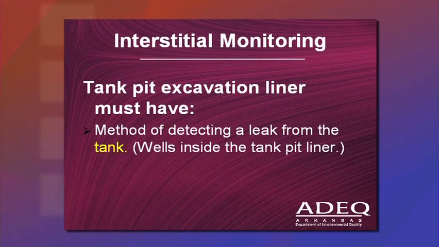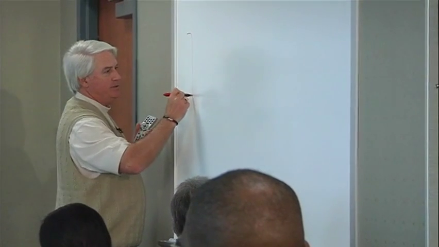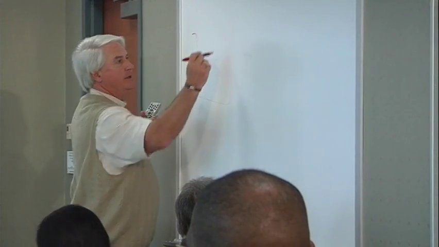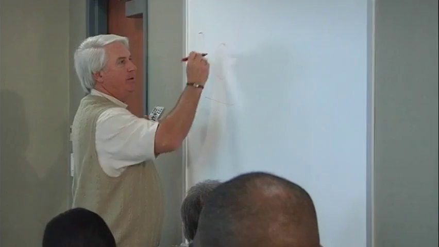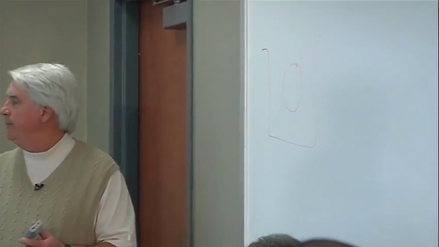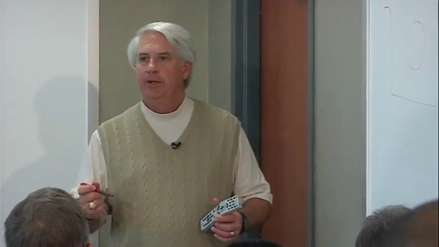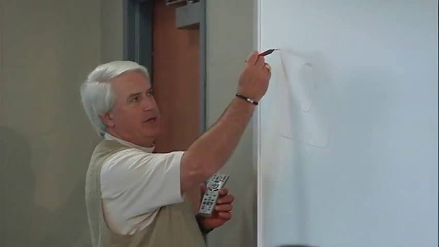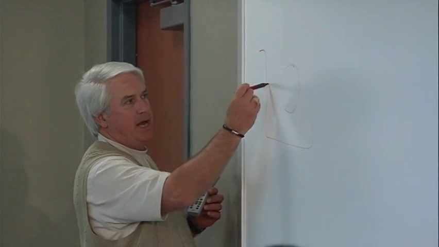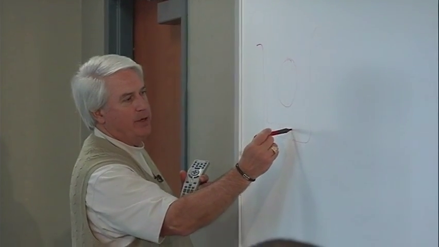So also you can have a tank pit excavation liner. Let's just say this is the excavation zone for your tank, and your tank is sitting in the middle of this. If you have an excavation liner, this could be the liner, and this liner could go inside of this excavation zone.